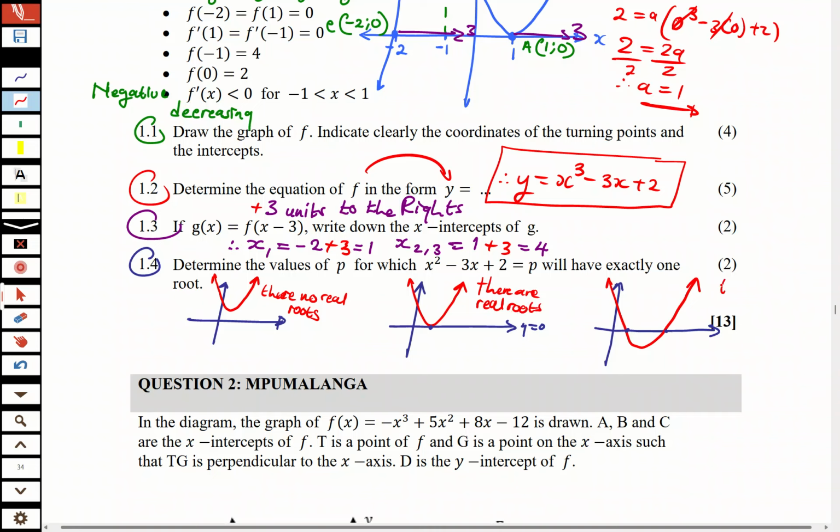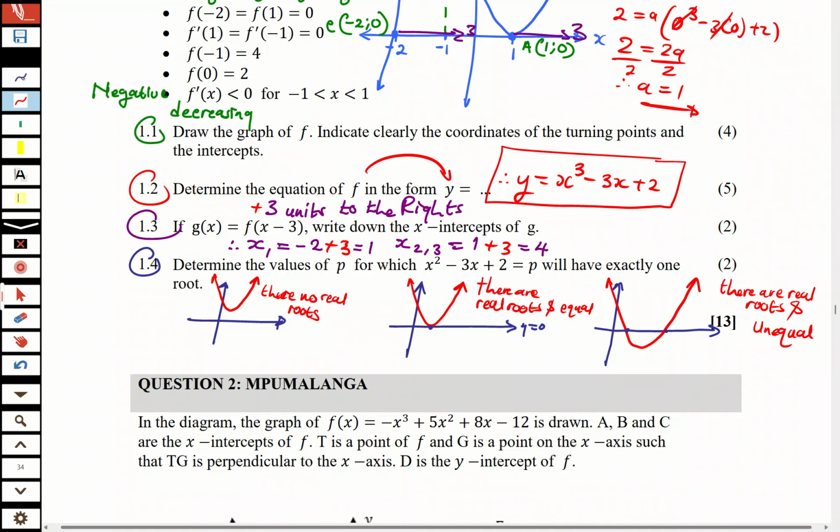What about this one? Also the same thing. There are real roots. But if you ask yourself, what are those roots? Are they equal? The answer is no. So you have real roots, but they are unequal. What about this one? You have real roots, but what are they? They are equal. So there are real roots and equal.